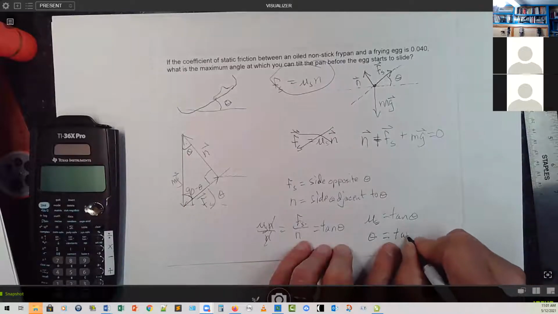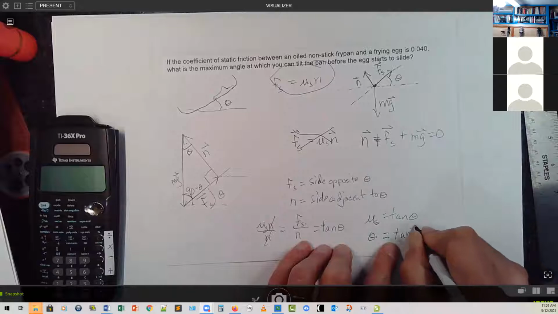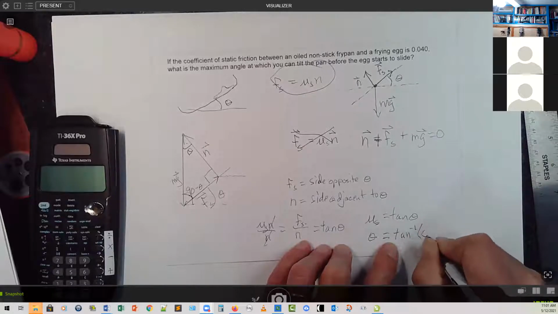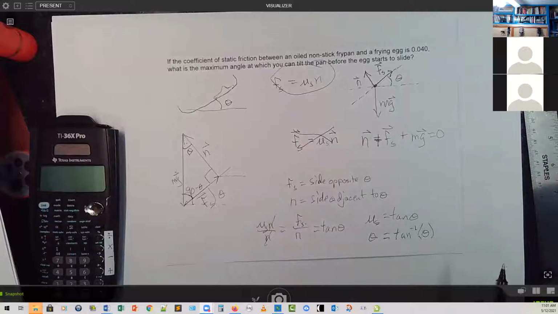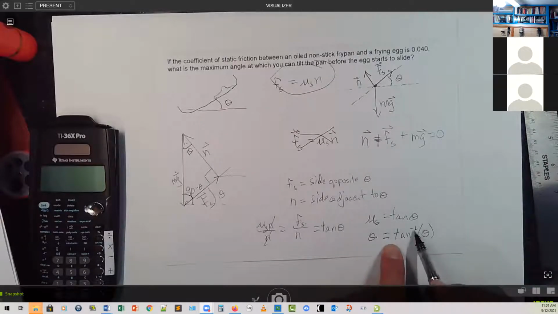And the way you denote it is you put a -1 up here. Now, in this context, that -1 is not an exponent. Usually, if you've got x to the -1, that means 1 divided by x. But when it's a function like this, which is what the tangent is, that -1 up there means the inverse tangent.